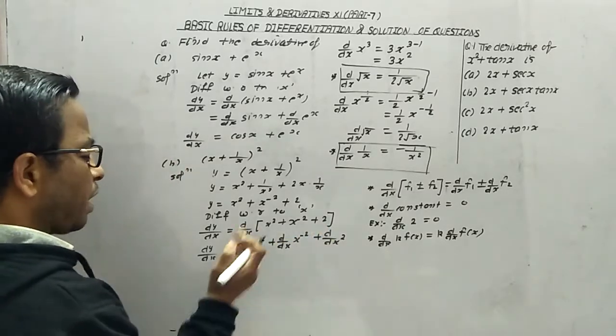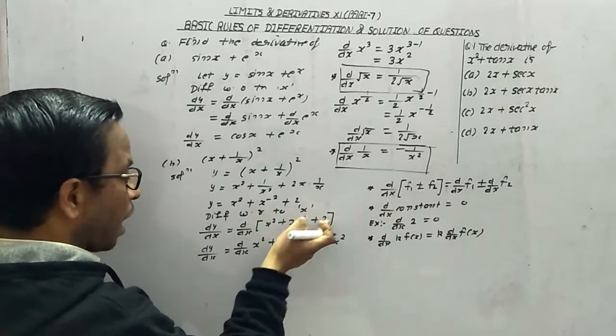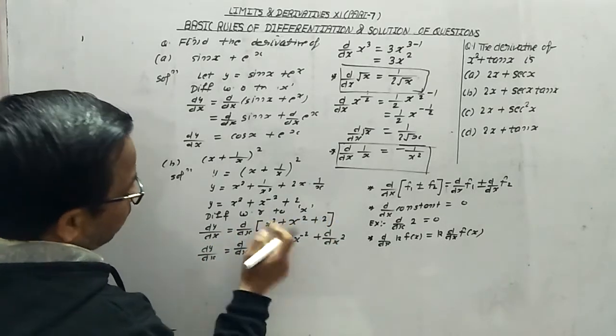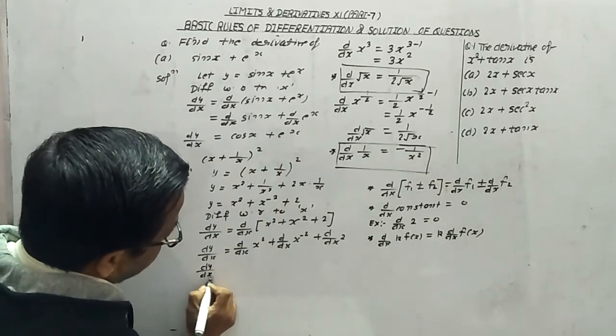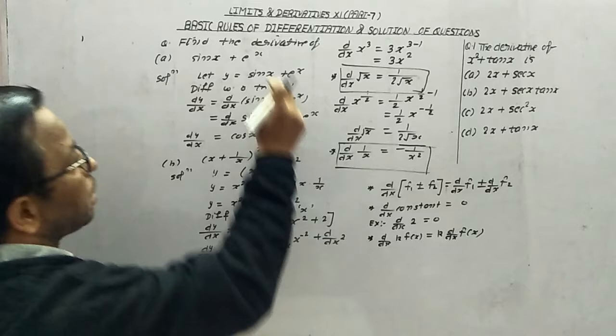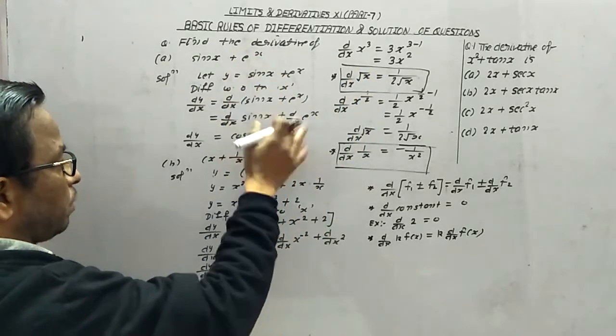Later on, if we are not applying this step and directly do the differentiation after this step, then it is also correct. Now look at this thing, dy by dx. What is the differentiation of x square? 2x.